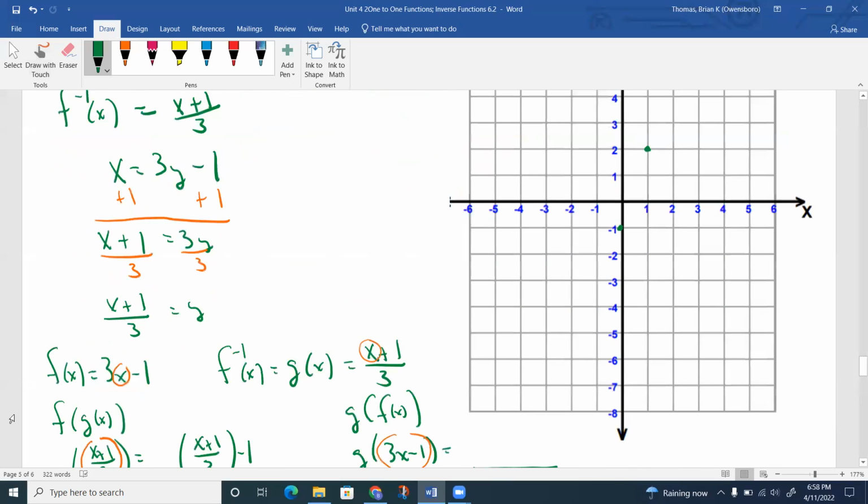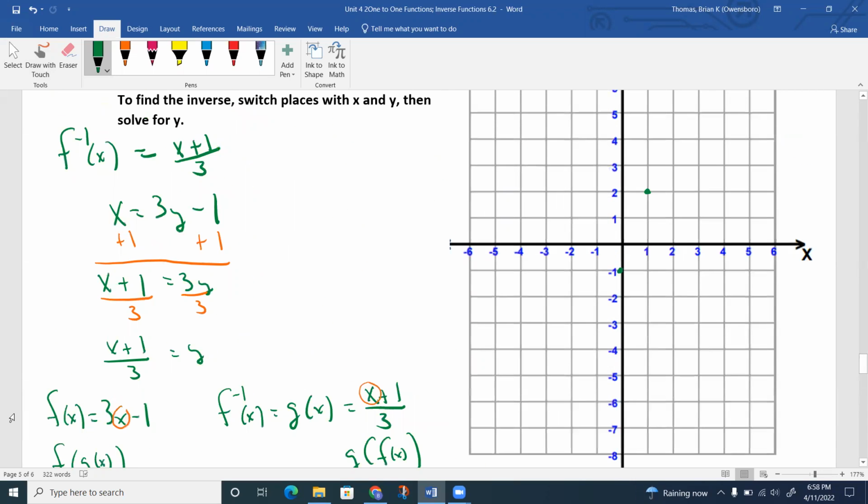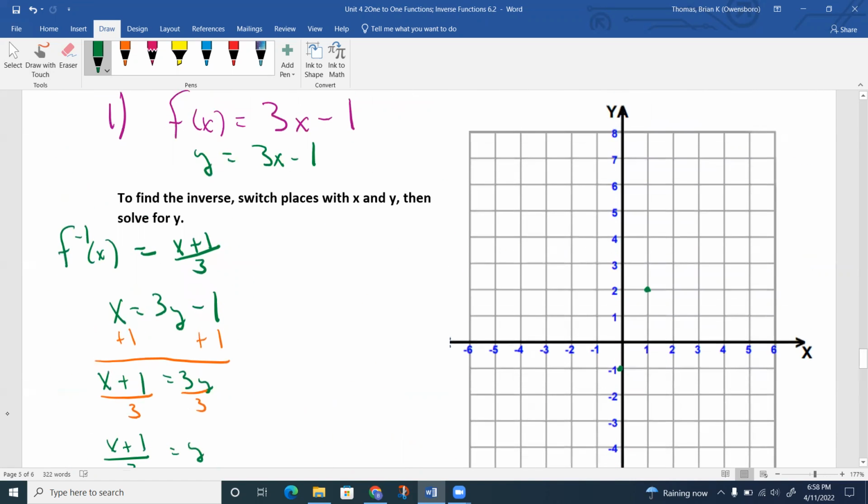And then we have 2, 5. So your line would be going through here like so. So that would be the graph of that function.